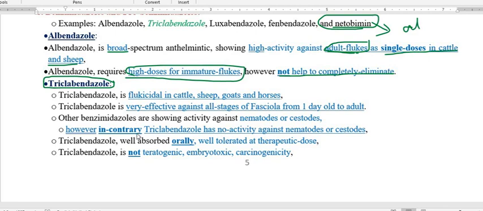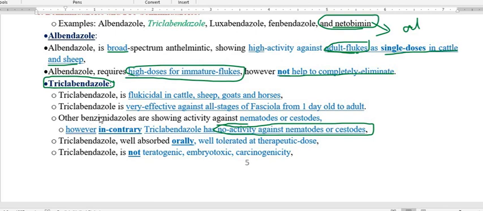The difference is that triclabendazole shows no activity against nematodes and cestodes, whereas the others, like albendazole, fenbendazole, and mebendazole, show activity against them. So this is a very interesting point.